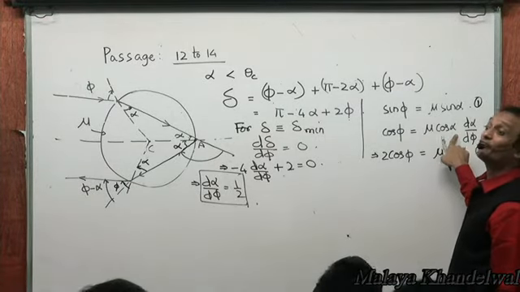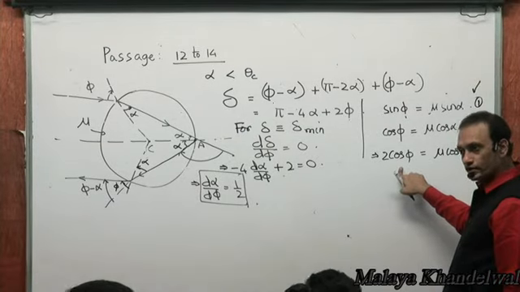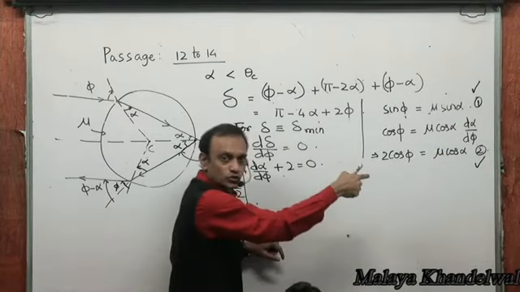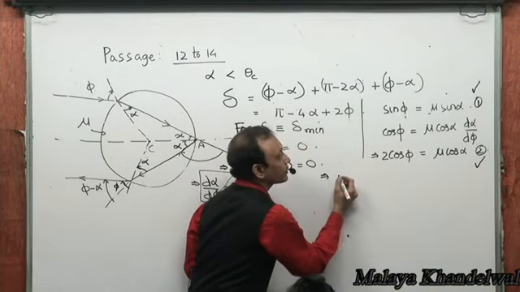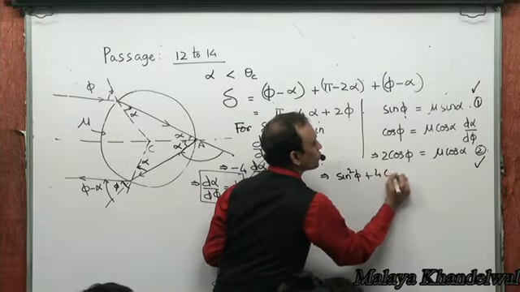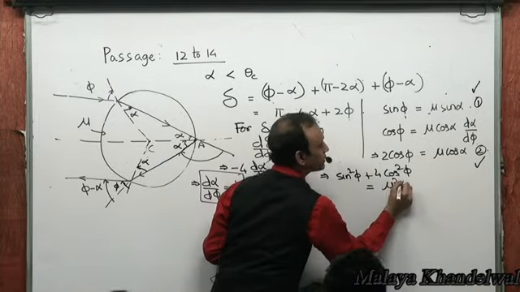I need to eliminate alpha and solve for phi. Square and add 1 and 2. So mu squared sine squared alpha plus mu squared cos squared alpha, that's going to be mu squared, equals sine squared phi plus 4 cos squared phi. Yes or no?